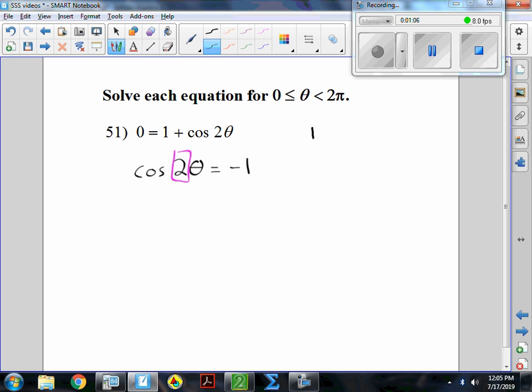So graphically, if my cosine curve normally goes to 2 pi, then this one is going to do that twice as fast.